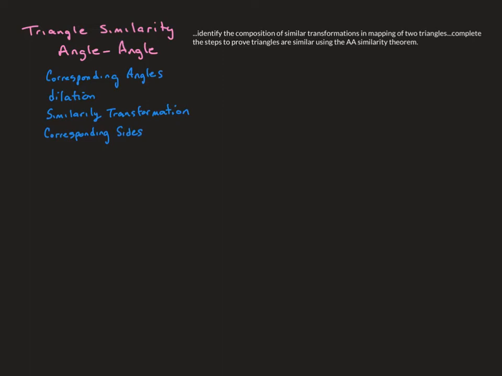So if I wanted to draw a couple of pictures here, I have this triangle, and this is ABC. And then I may have a dilation inside of it, and that would be A prime, B prime, and C prime, and that would appear to be a reduction.